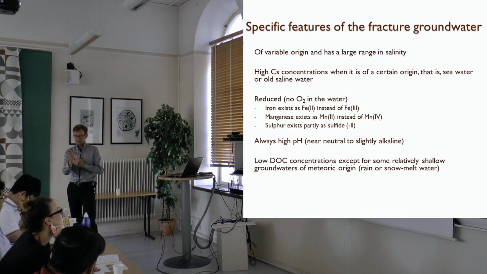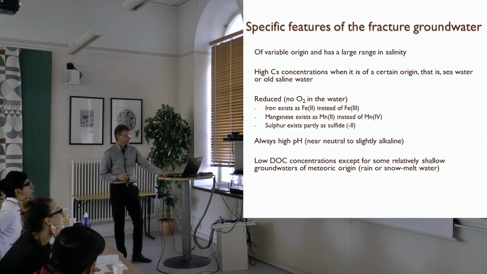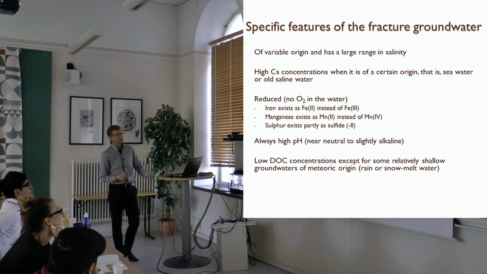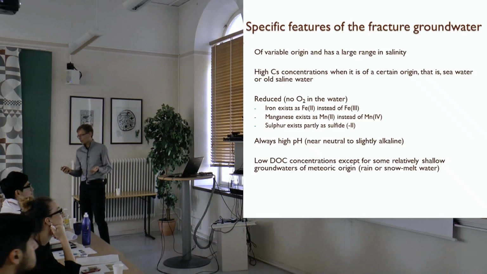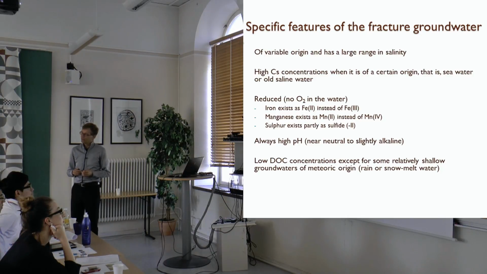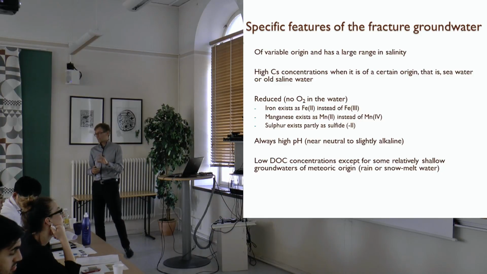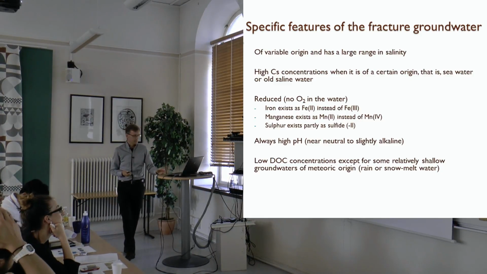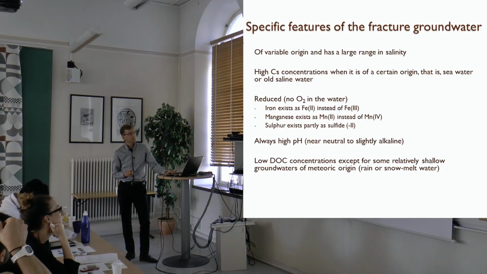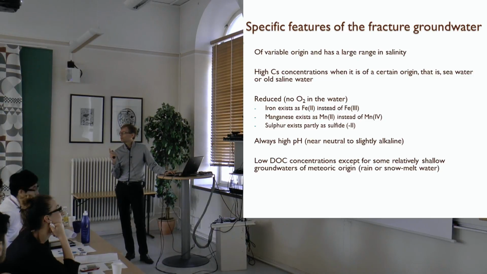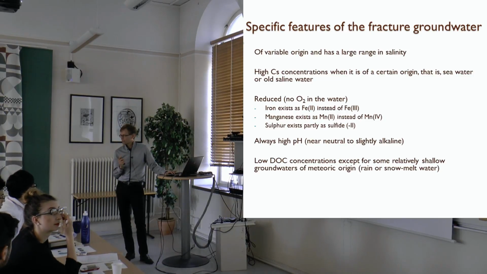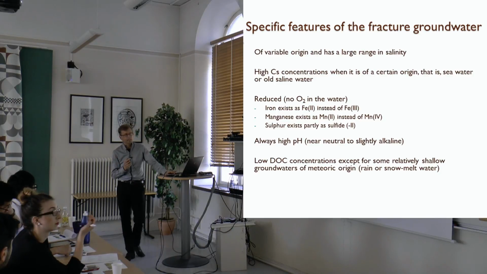The range in origin, the range in salinity, and high cesium concentrations when the water is of marine origin or very old. Of course, we could list some other metals as well, but I took cesium as an example because it's interesting in this context. And then a few other features also of this water, which I haven't mentioned as yet.